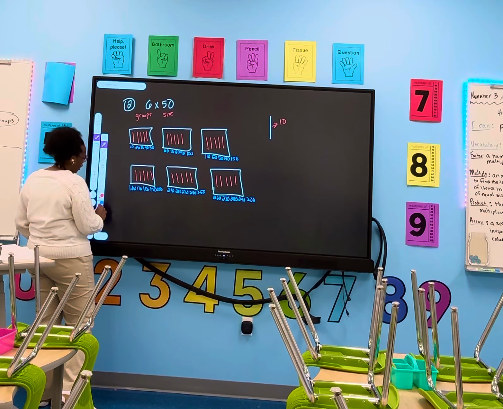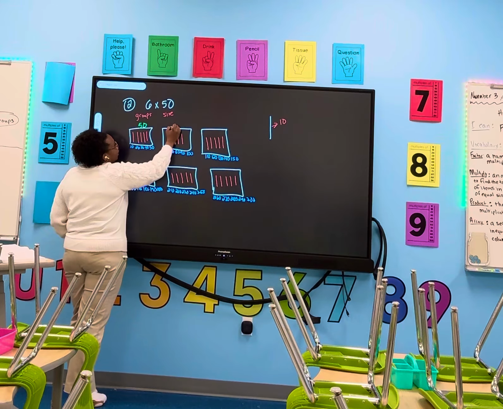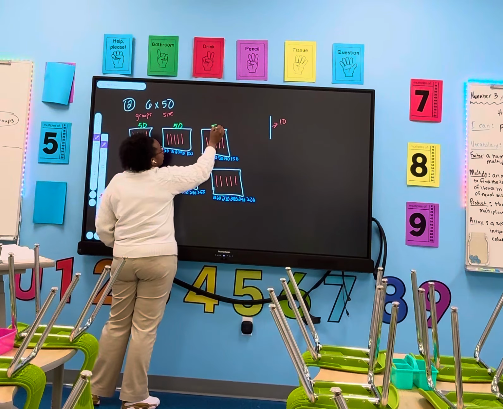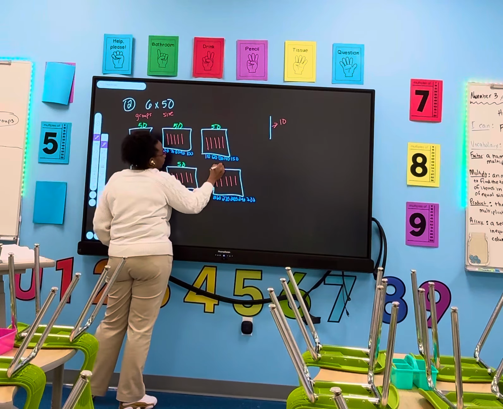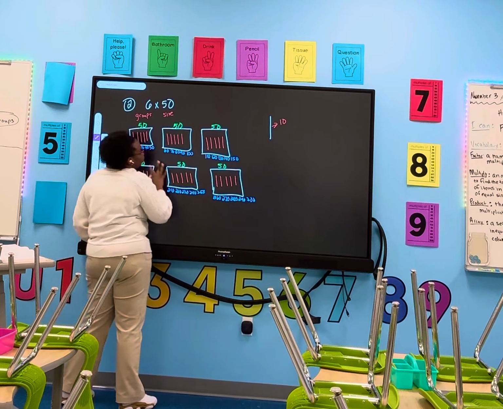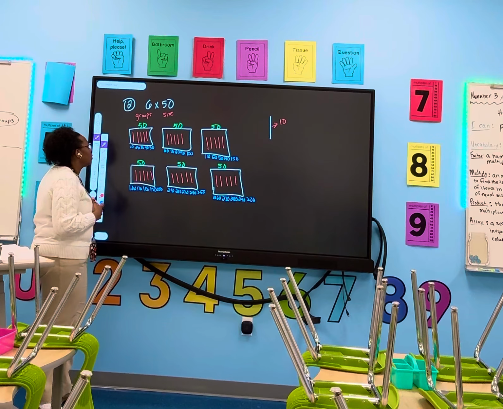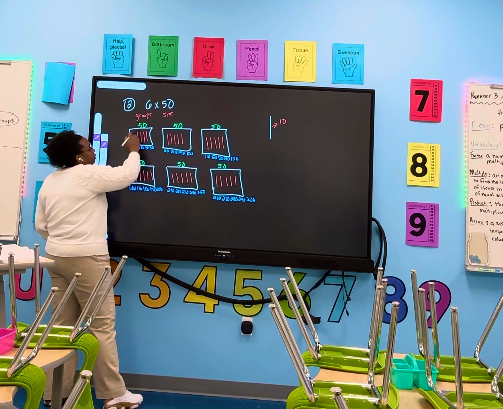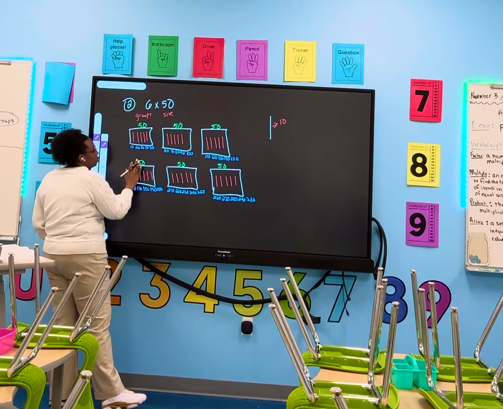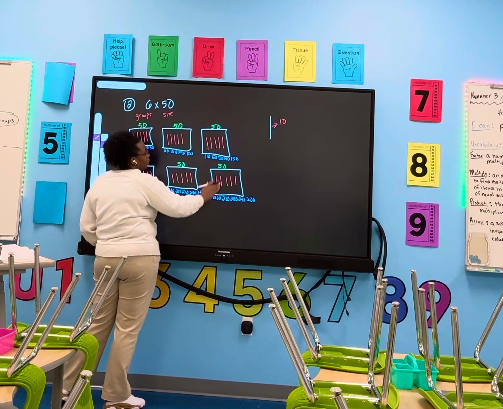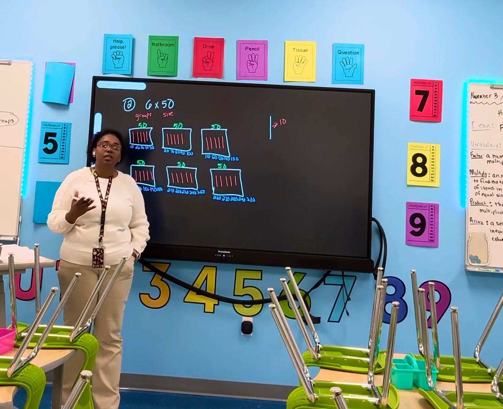So you can skip count by 50s: 50, then 100, then 150, then 200, then 250, then 300. You can skip count by 50s as well if you think that is easier.